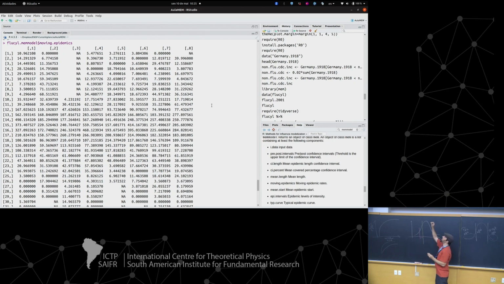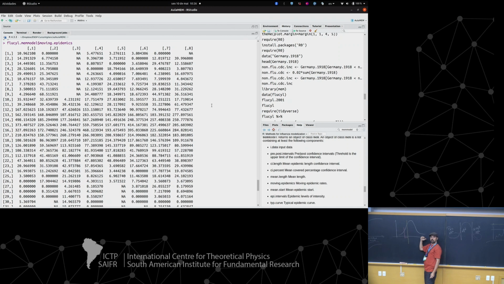So by looking at where the NAs are placed, whether in the beginning of the season or at the end, I know what happened there. Since it has NAs in the beginning, it means that the season had to be shifted to the right. If it was shifted to the right, it means that it started earlier than I expected.